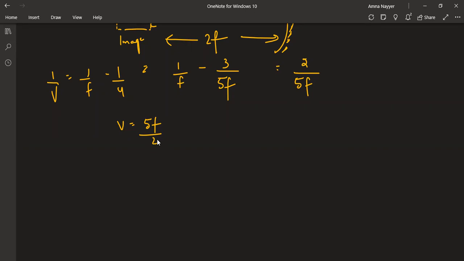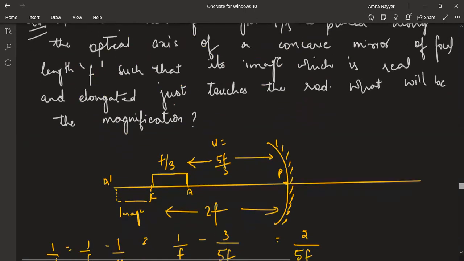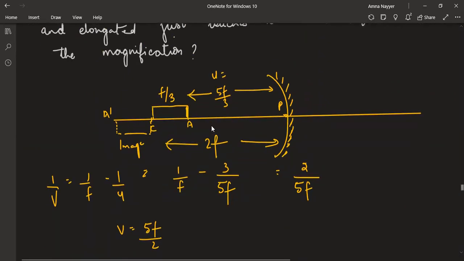So the length of the image will be, see, if somewhere 5F/2 image has been formed, then to find out the length of the image, you have to subtract 2F. Now you have understood this point. PA dash you have got, this entire image distance, that is 5F/2. 5F/2 is this part.